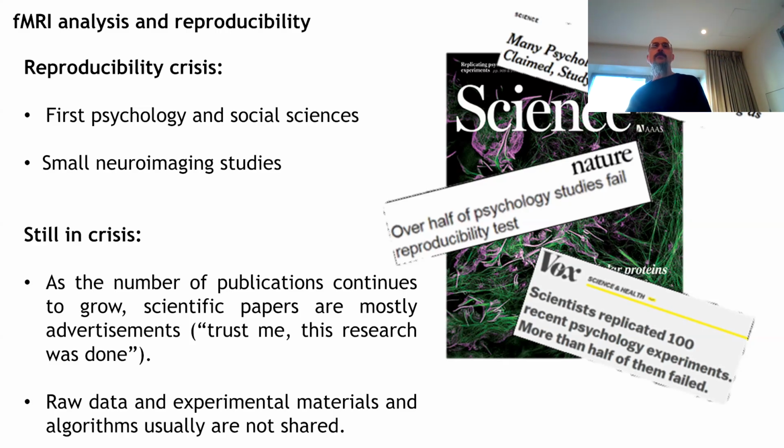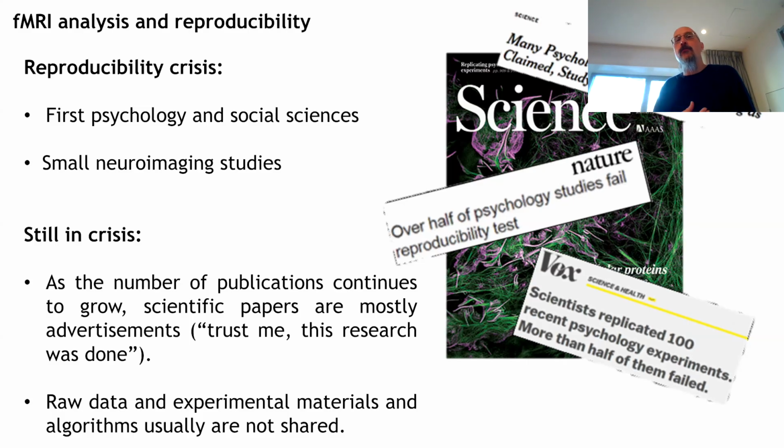But surprisingly, it's not. We are still in crisis, and for different reasons. The pressure of publication is here also, and as the number of publications continues to grow, scientific papers, not all of them but a lot of them, are advertisements, so they don't care about reproducibility.